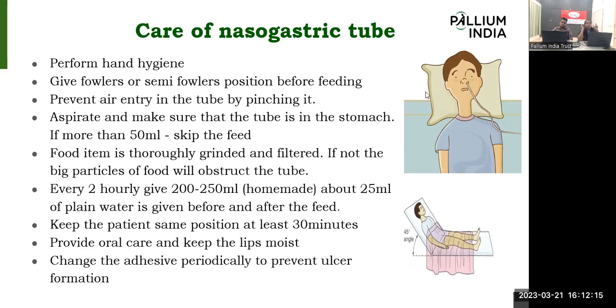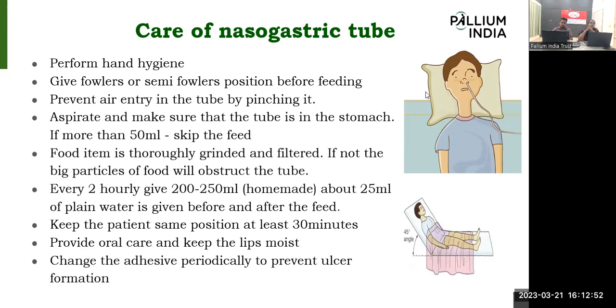That is why we usually say always give a feed in Fowler's or semi-Fowler's position, and you can keep the same position at least 30 minutes after feeding. Most of the bedbound patients can have this kind of complication, aspiration pneumonia. If you give proper education to the caregivers, we can prevent these complications.